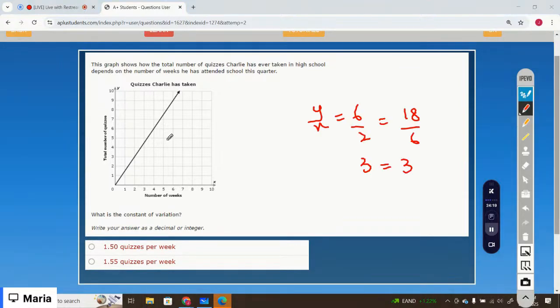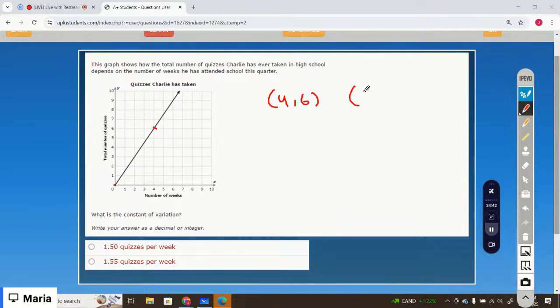So select any 2 points on the graph. 4 and 6, 0 and 0.